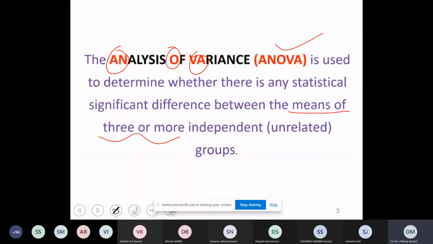So basically, ANOVA is really a set of analytical procedures based on comparison of two estimates of variance. One estimate comes from differences among scores within each group. This estimate is considered random or error variance. The second estimate comes from differences in group means and is considered a reflection of group differences or treatment effects plus error.